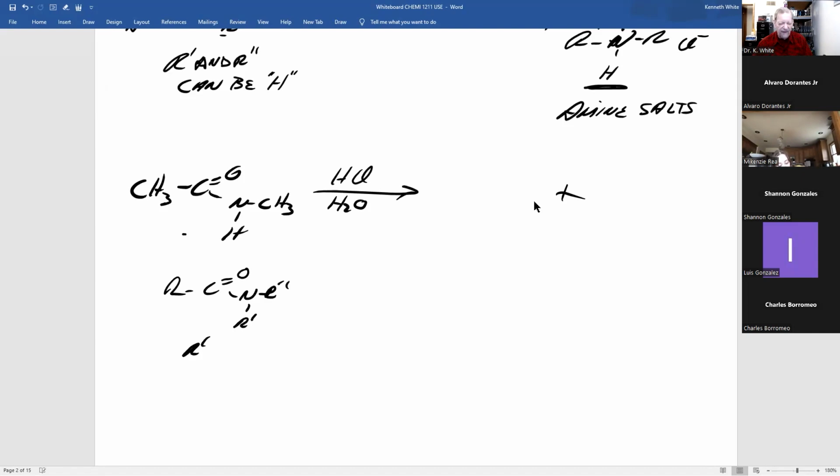Remember, our R prime and our R double prime can be hydrogen. In this case, one of them is.